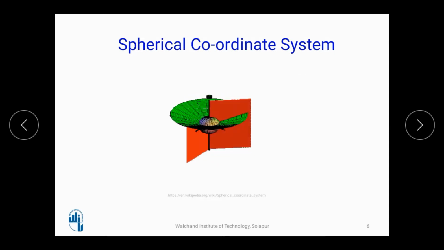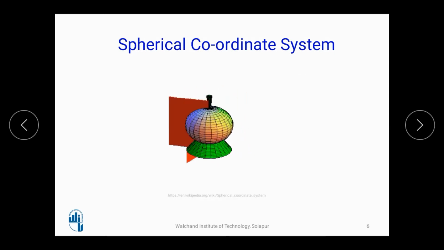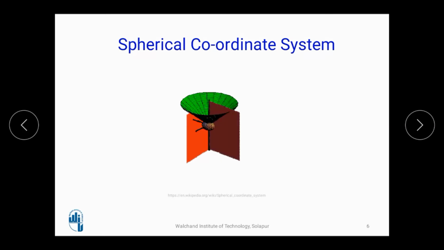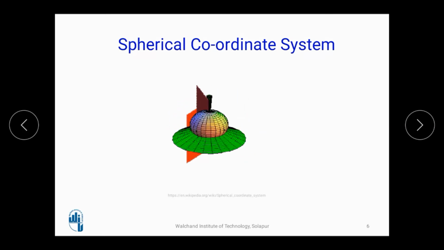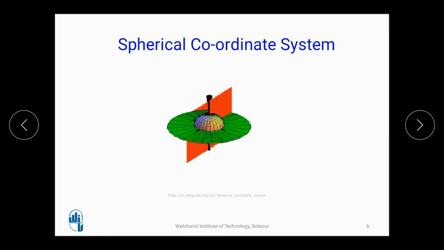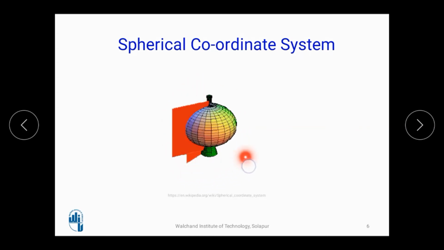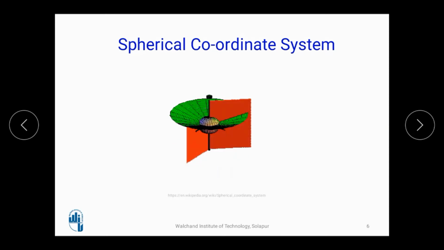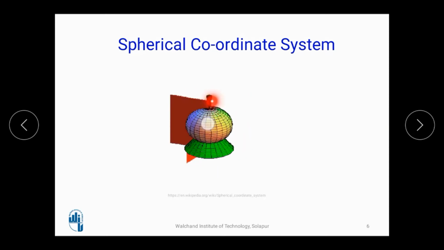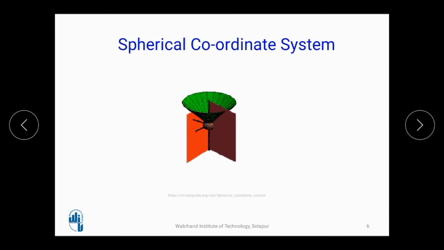So see here, this is shown at the center. You can see a sphere having a changing radius. Then the one in red is nothing but phi, a plane which is moving around, cutting this sphere from top to bottom or from north pole to south pole.